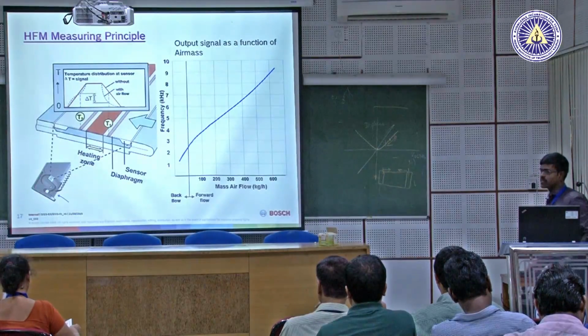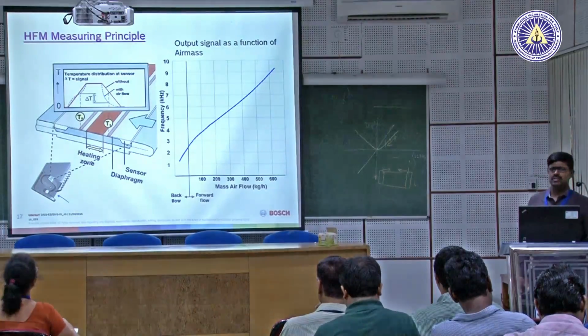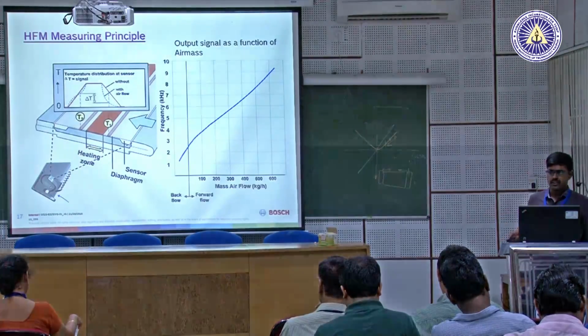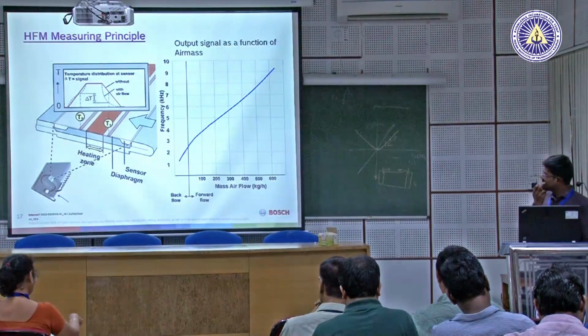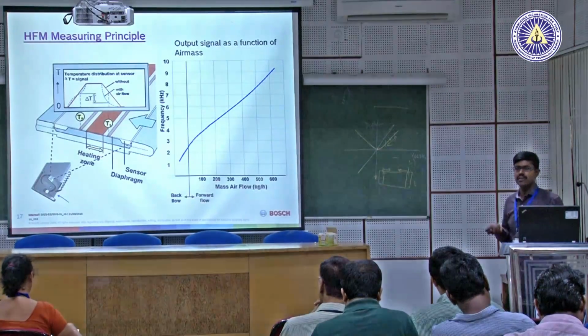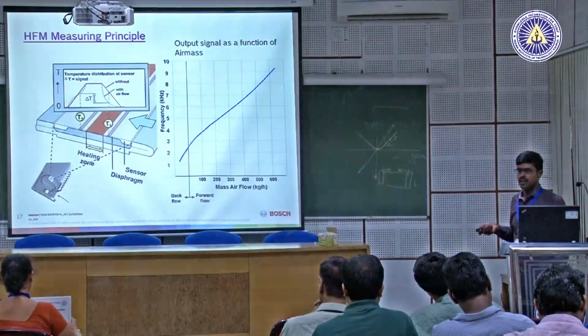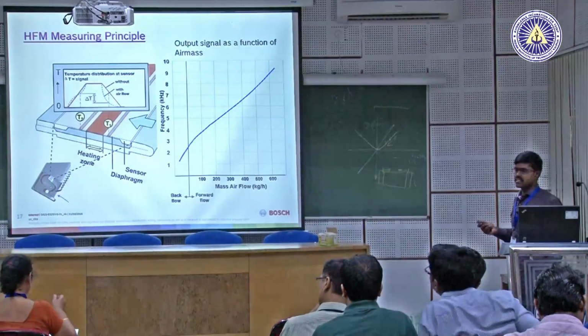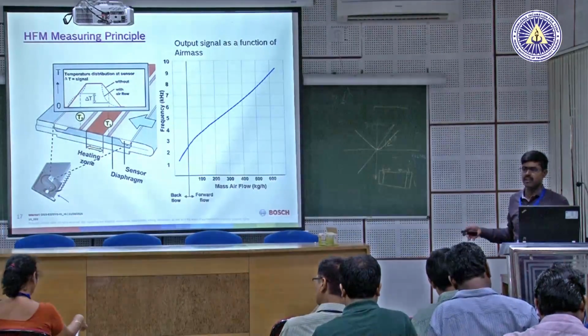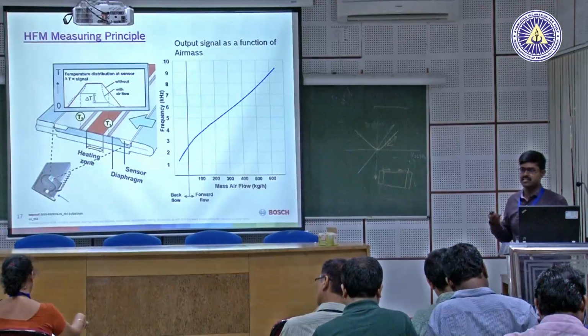So, measuring principle, again we use the same Wheatstone bridge concept here, with 2 zones. There we were using pressure transducers for the pressure sensors, but here we are using thermistors. Whenever a heating phenomenon happens, the resistance changes.